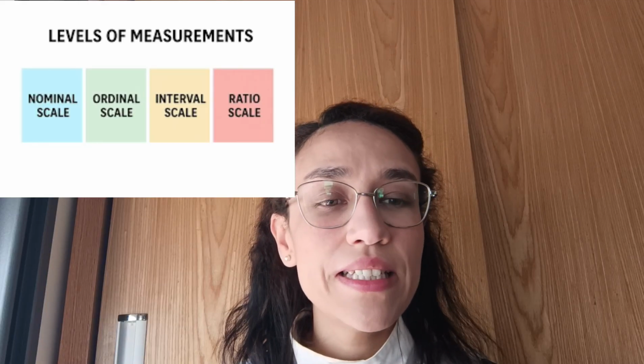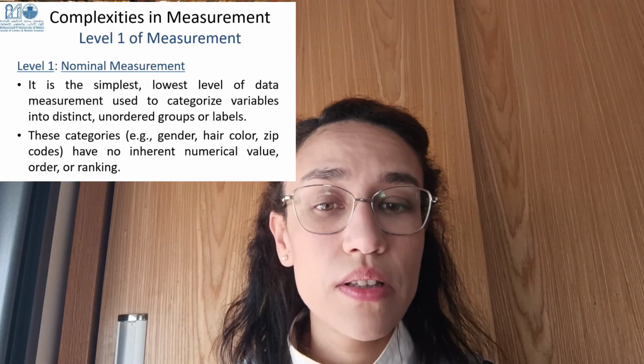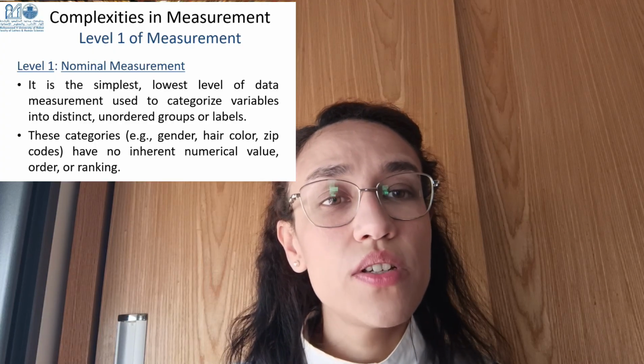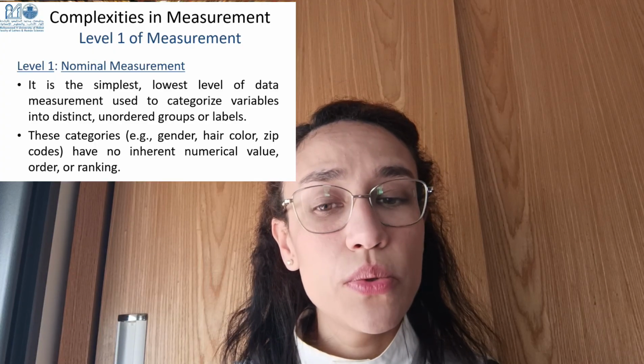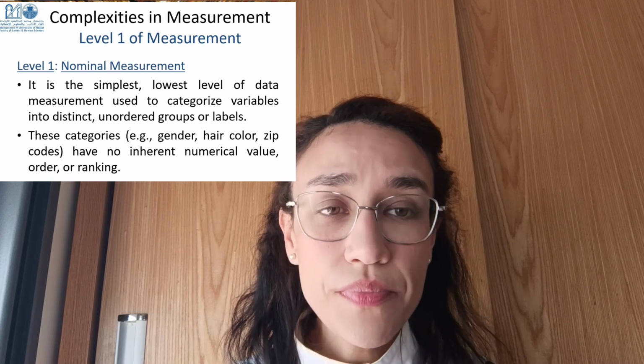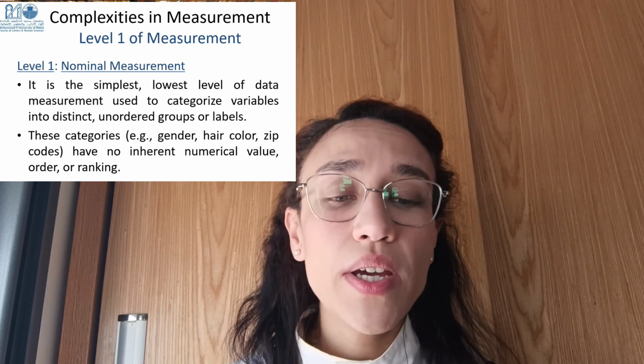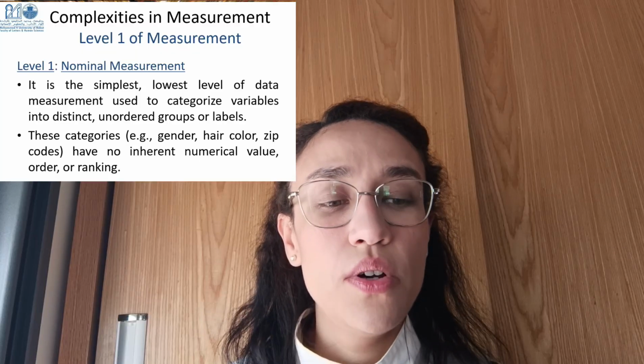Nominal measurement is the simplest, lowest level of data measurement, used to categorize variables into distinct and unordered groups or labels. These categories, such as gender or hair color, have no inherent numerical value, order, or ranking.